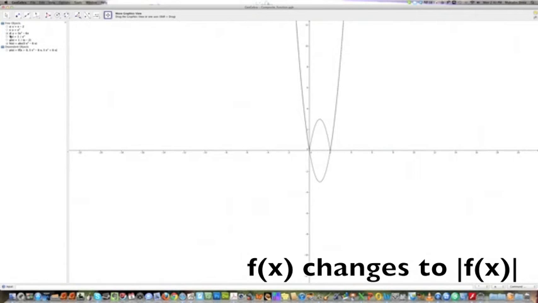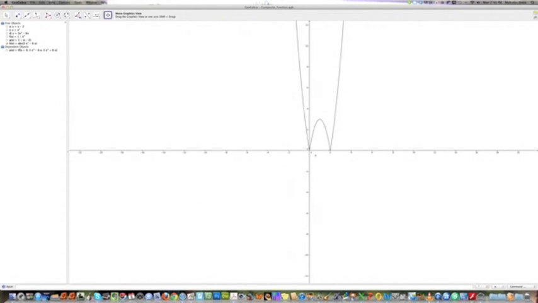If I make the original one hidden, then you can see that actually these arms on the side are part of the absolute value graph as well. That should be expected because these were already positive values. So when you take the absolute value, positive values remain the same, unchanged. But anything that was negative, like the bottom part of the parabola, is going to become positive. So it gets flipped up, essentially reflected across the x-axis.